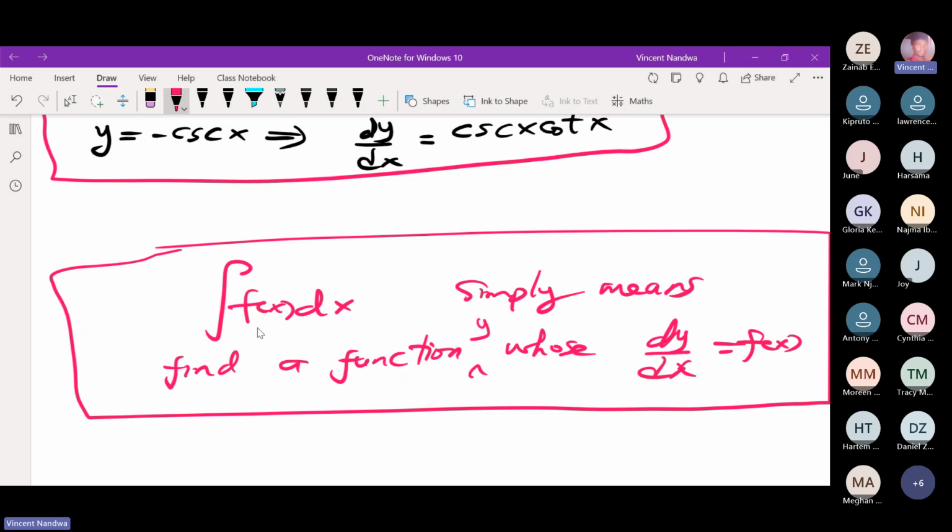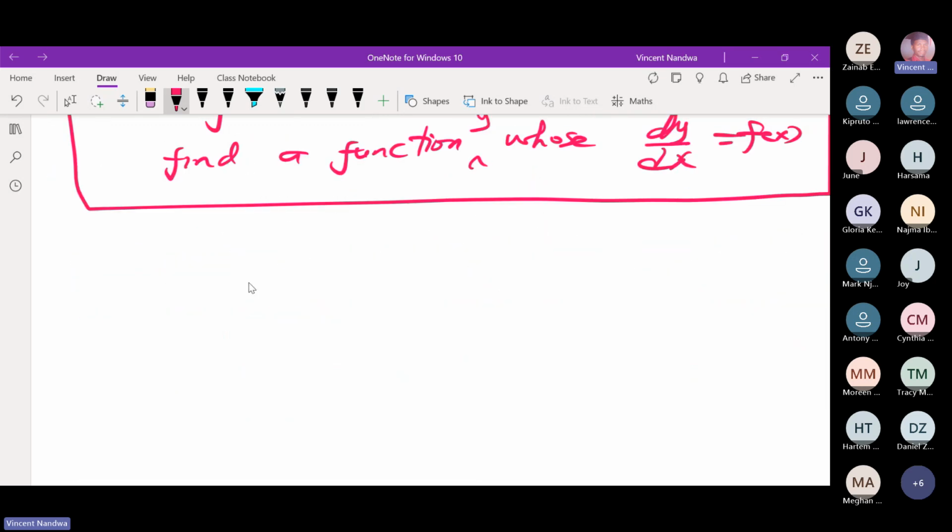So, properties of integrals before we can start evaluating the integrals themselves. Properties of indefinite integrals.